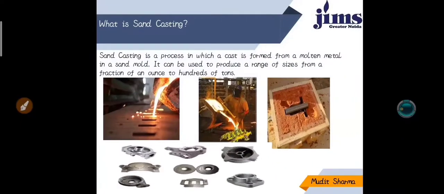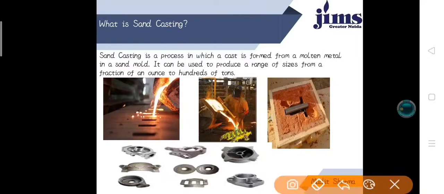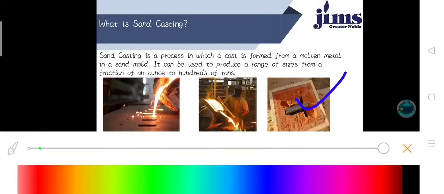Yes, you can see in this PPT what sand casting is. Sand casting is a process in which a cast is formed from a molten metal in a sand mold. You can see in the figure the various portions of casting.